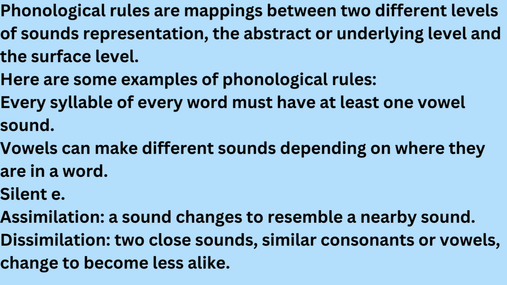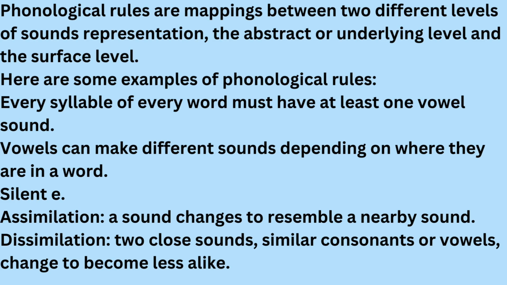Phonological rules are mappings between 2 different levels of sound representation, the abstract or underlying level and the surface level. Here are some examples of phonological rules. Every syllable of every word must have at least one vowel sound. Vowels can make different sounds depending on where they are in a word.